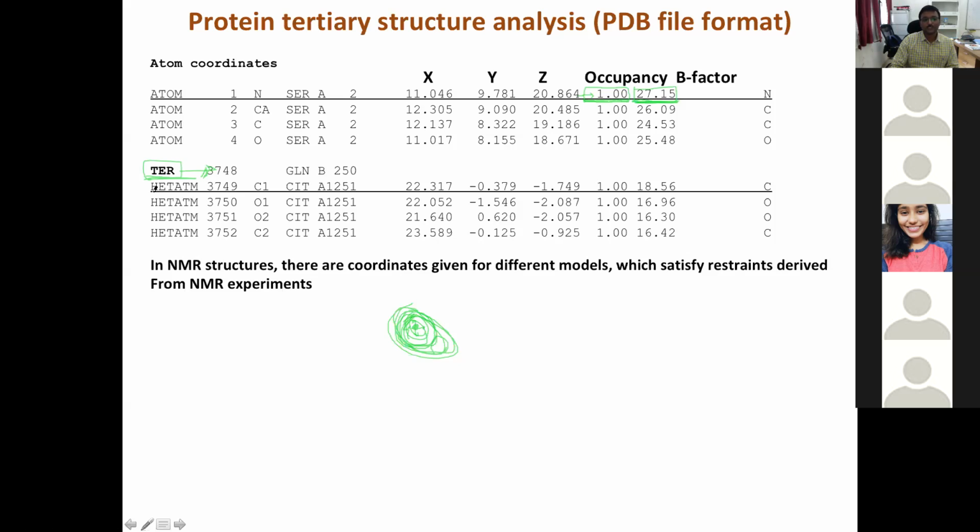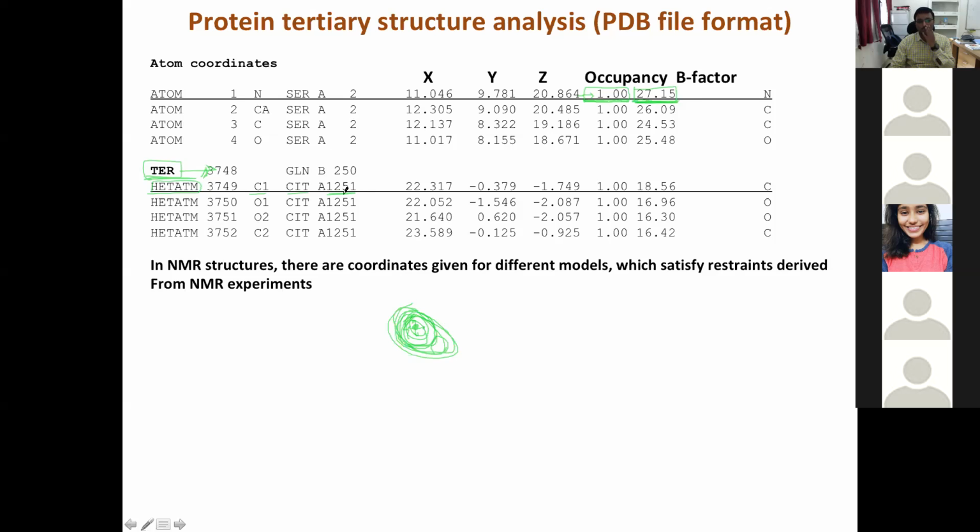Then you have the details of the HETATM records. The same way that you have details for ATOM, you also have details for the HETATM record. It also has its own atom names and a 3-letter code for the compound which is solved along with this. The numbers, corresponding to residue IDs, really do not have much meaning, because they follow a certain order to arrange atoms.